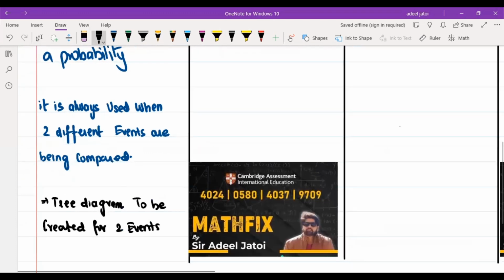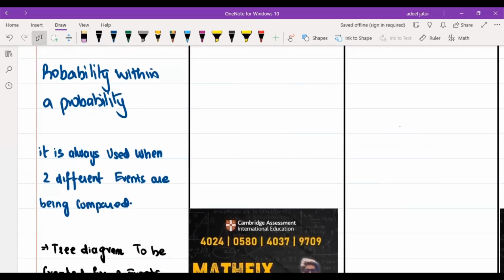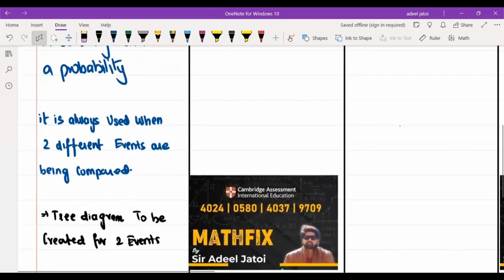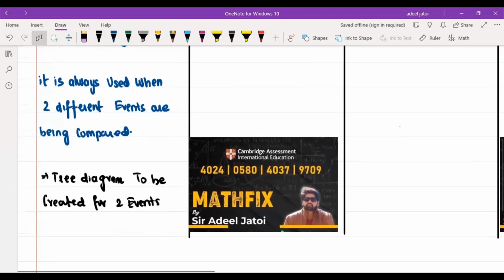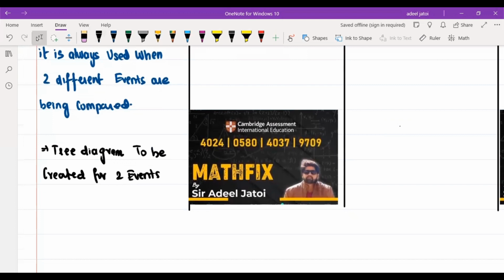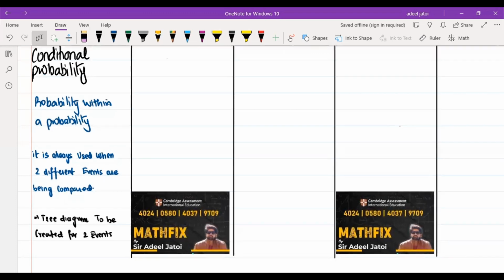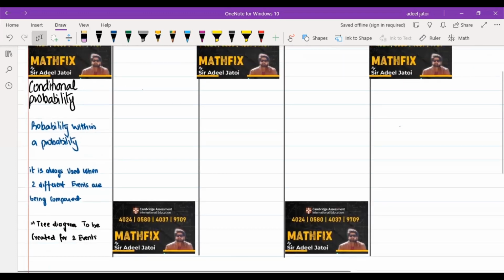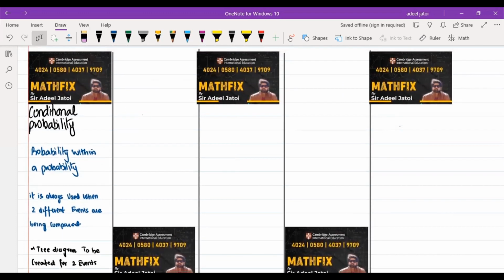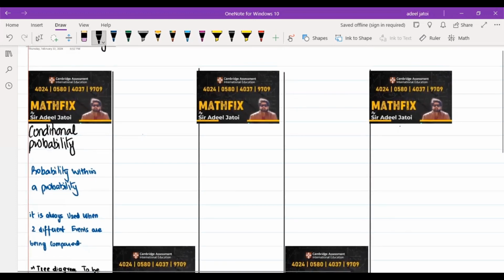We know that conditional probability is probability within a probability. It is always used when two different events are being compared. Tree diagram to be created for two events. Now, let's work out an example, or we can even write down the formula.